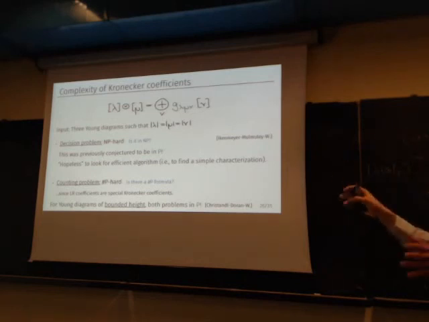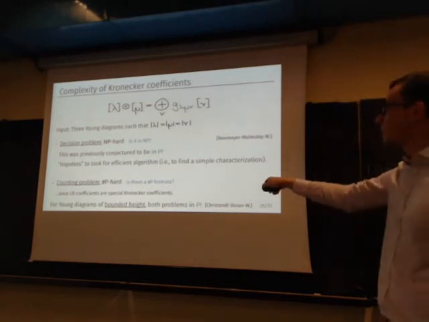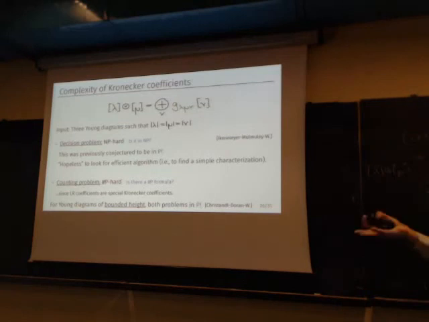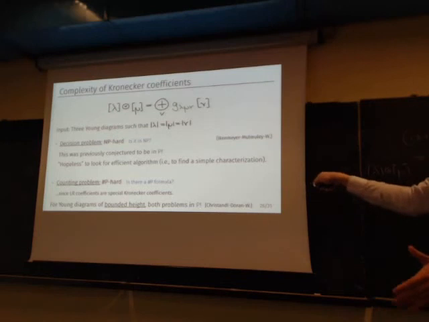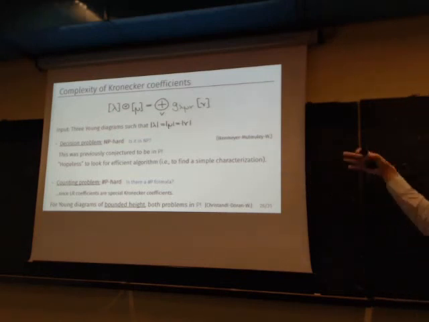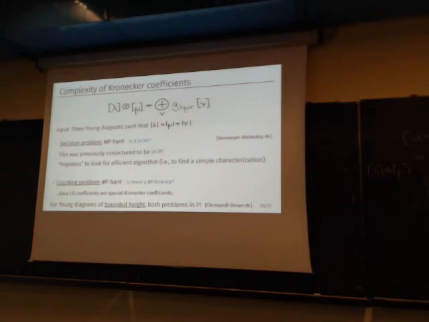So this is easy somehow. But we actually don't know if it's in #P, and this is really a #P version of the question: is there a combinatorial formula? On the other hand, for the decision problem, it was conjectured that it could be in P, and there we could recently show that it's actually NP-hard.